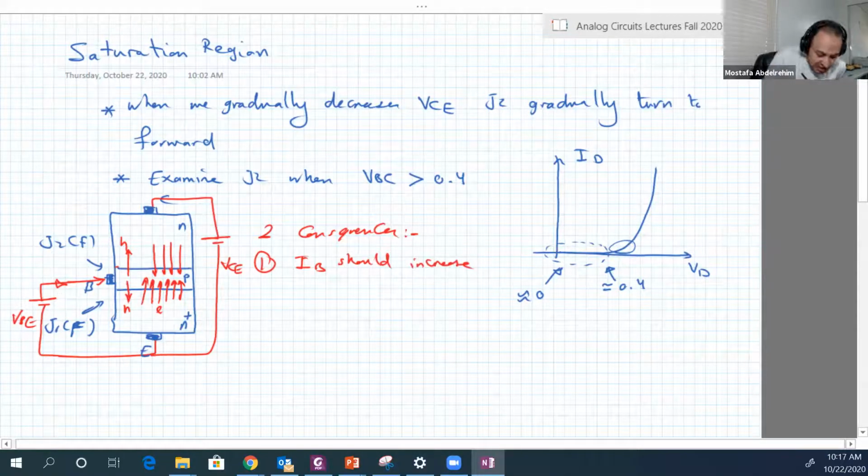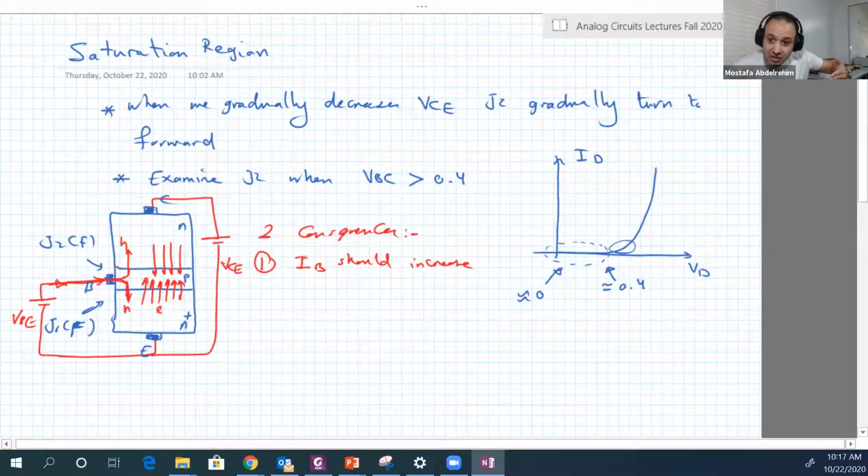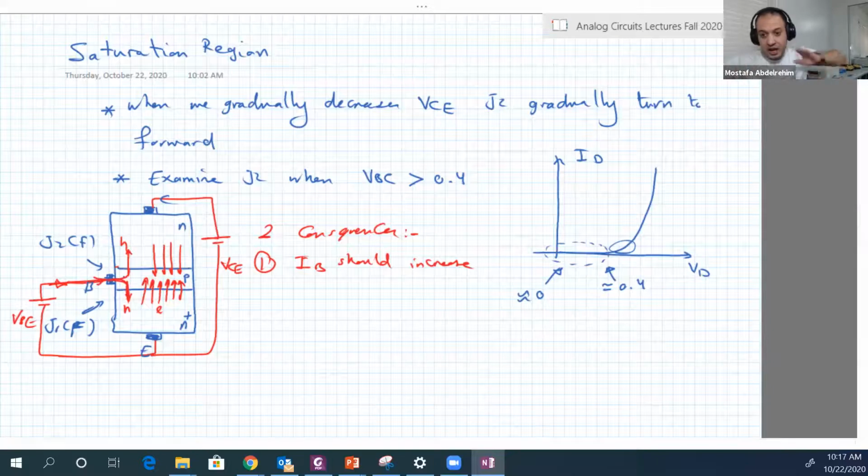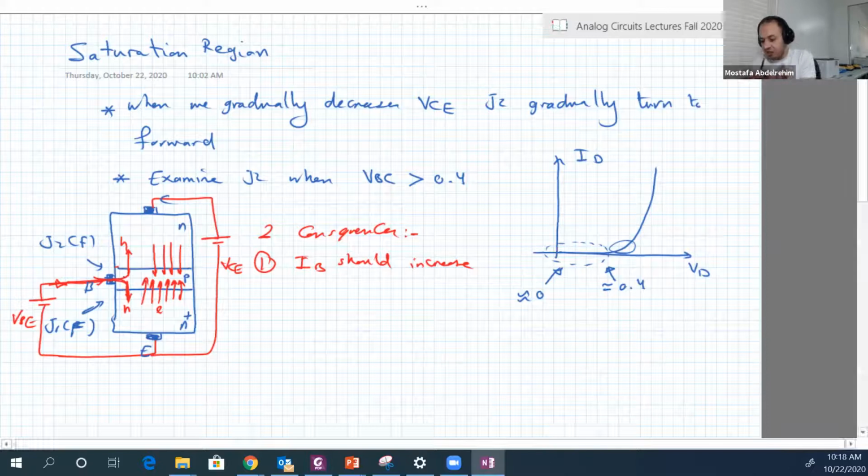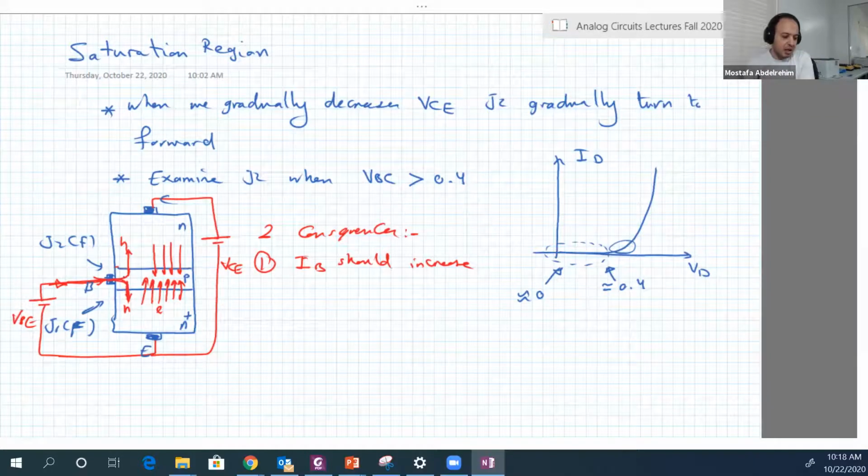Just imagine it. In the beginning, it was going in that way, then down. Now it's going down and also up. So IB should compensate for the holes going down and the holes going up. In the beginning, we have only holes going down. Now the base sends holes to the emitter and also sends holes to the collector. So IB should compensate those currents. So IB should increase. But how about IC?